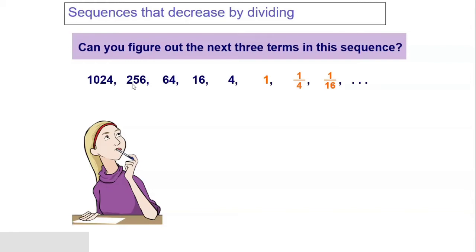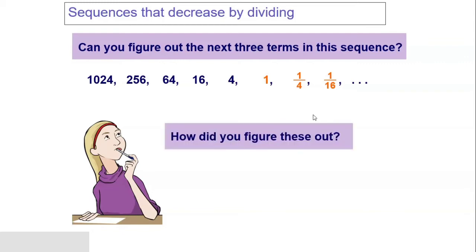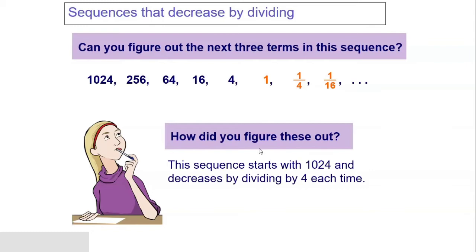If we analyze this one, how did we arrive at these three next terms? This sequence starts with 1024 and decreases by dividing by 4 each time. So we have to divide 1024 by 4 to get 256. And divide this again by 4 to get 64. 64 divided by 4 is 16, divided by 4 is equal to 4, until 1 over 16.